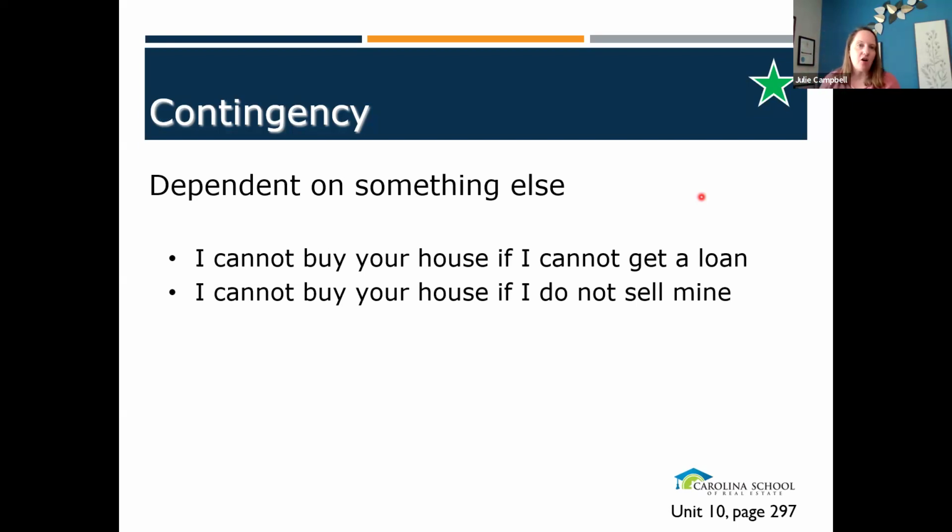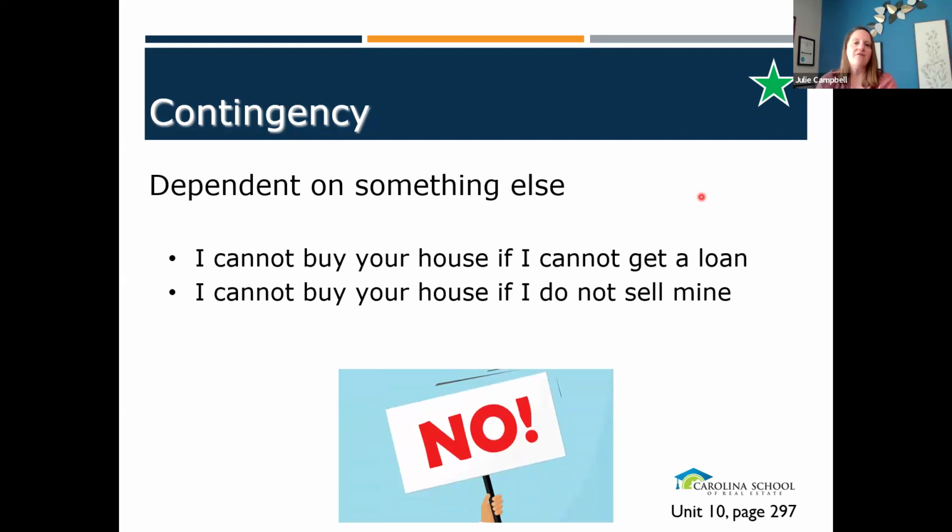This is what we need to know about contingencies now. Our sales contract does not have any built-in contingencies. There are no contingencies in our pre-printed sales contract. Let me ask you this. Can the parties agree to add a contingency?